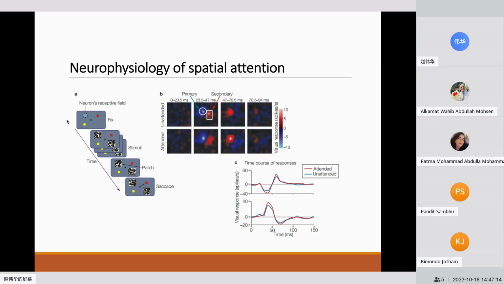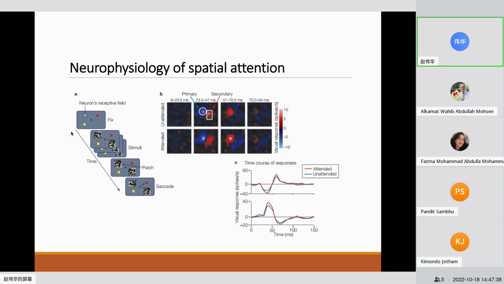In more detail, the stimulus sequence began with a fixation point and two color locations that would serve as the saccade targets. The two flickering black and white patches appeared, one over the neuron's receptive field and the other in the opposite visual field.